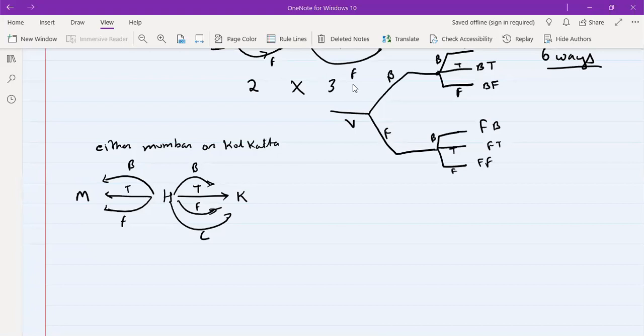When you talk about the previous question, it was you have to go to Mumbai and Delhi. You have to go to both Mumbai and Delhi. But now you have to go to either Mumbai or Kolkata. Think about it, let me know.